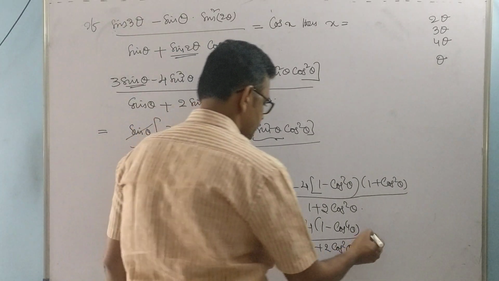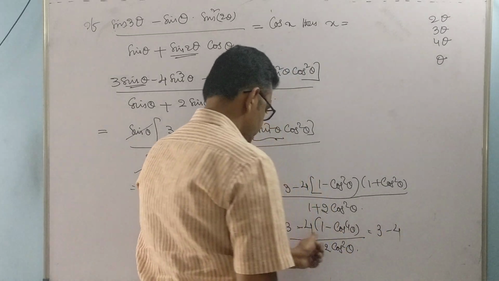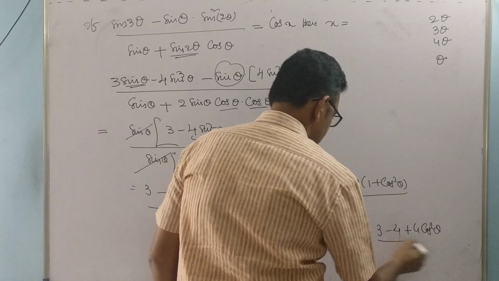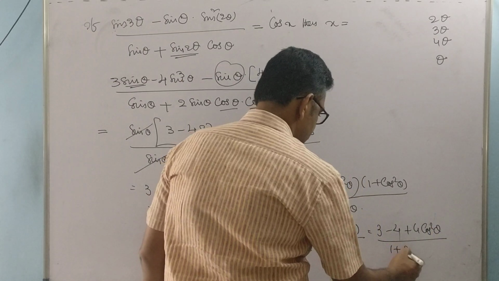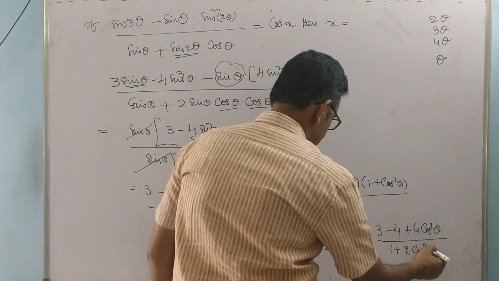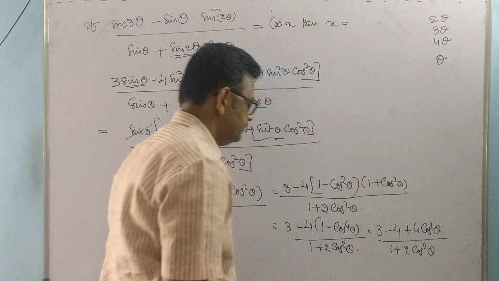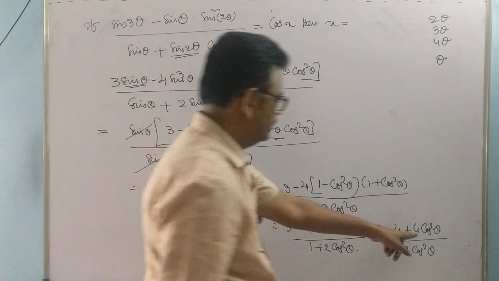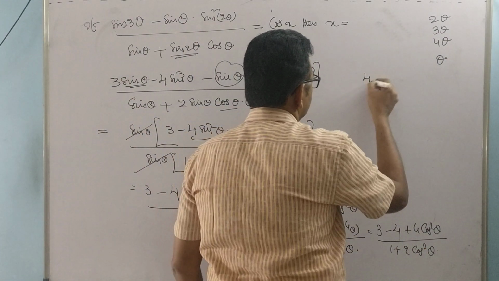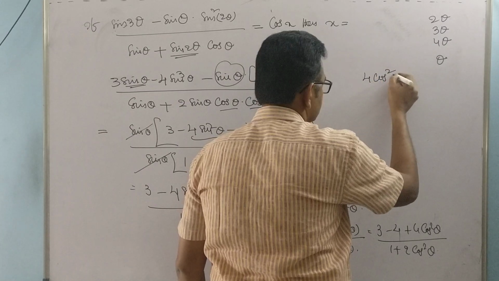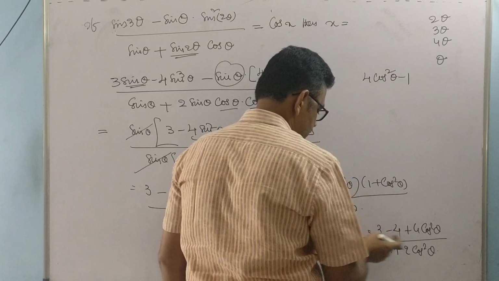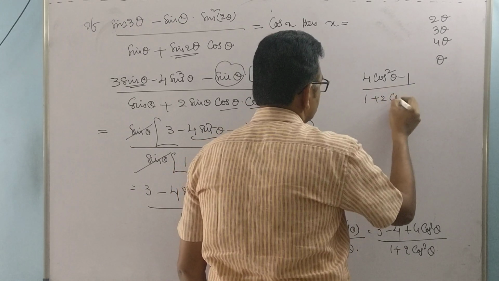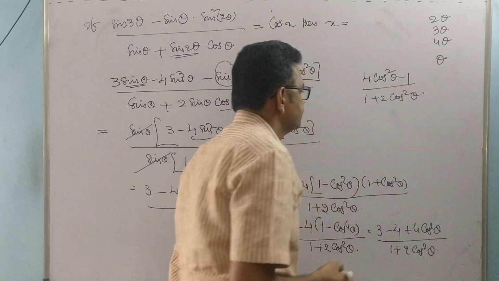This is equal to 3 minus 4 plus 4 cos power 4 theta by 1 plus 2 cos square theta, that is 4 cos power 4 theta minus 1. So 3 minus 4 is minus 1 by 1 plus 2 cos square theta.